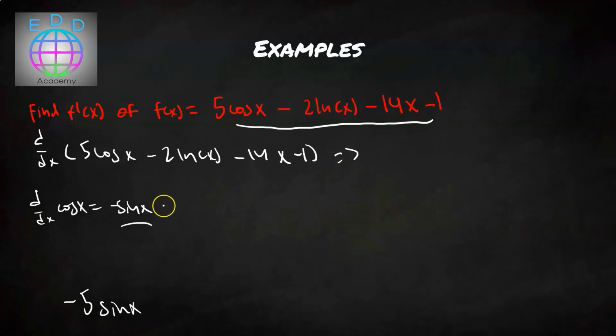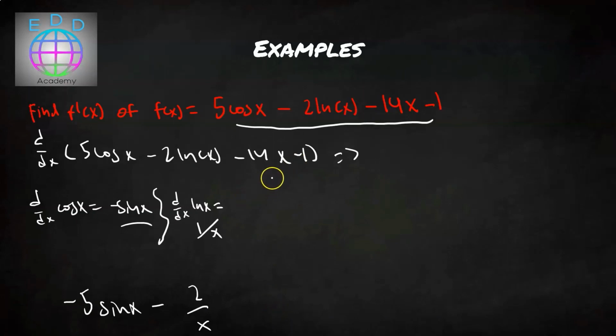We just learned that the derivative of ln x is 1 over x. So what does this mean when it's multiplied by 2? Well, it's just minus 2 over x. Instead of 1 over x, you're multiplying it by 2, so it's 2 over x.